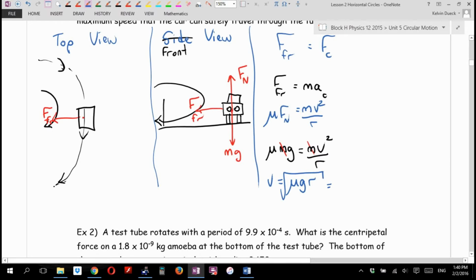I don't know. Did they give it to me? What'd they say mu was? 0.45. G has been 9.8 since Physics 11, and they told me the radius, yes? This is, by the way, if you ever wonder how they calculate speed limits going around corners, you've seen the signs. Here it is. What was the radius? 60?